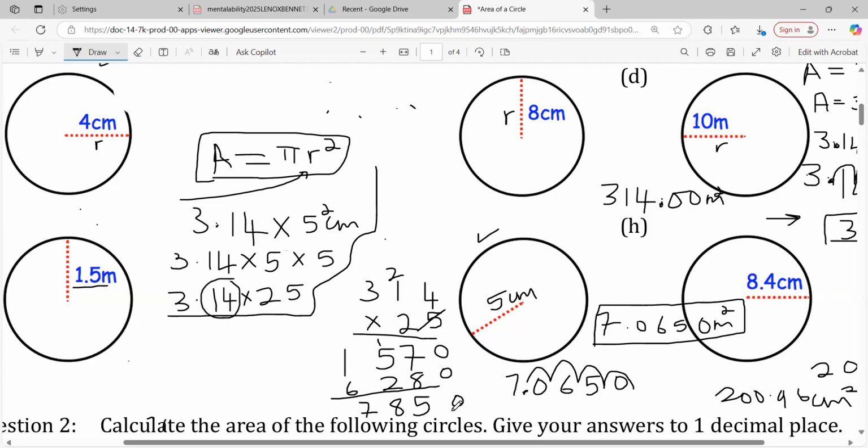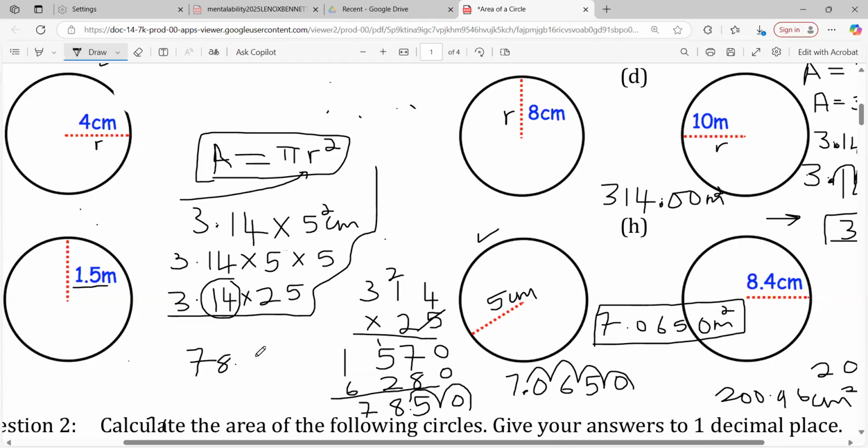Then you move 2 spaces, and where you end up you put the decimal point, sir. Not from left to right, sir, from right to left. So you start from 0, then put it between the 5 and the 0, then between the 8 and 5. Then, sir, your answer will be 78.50.